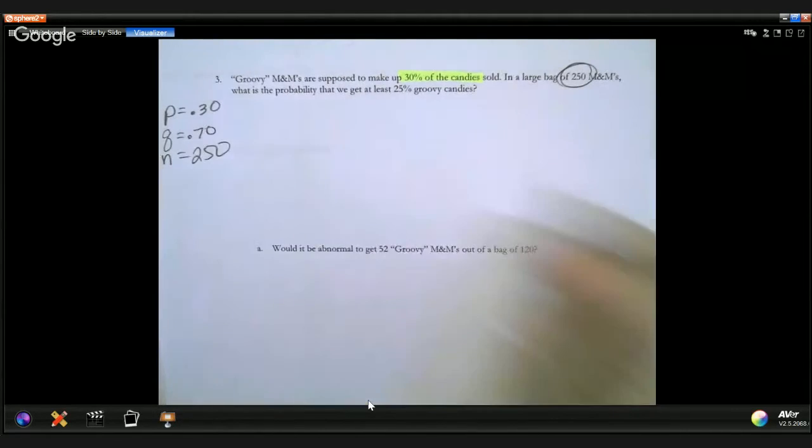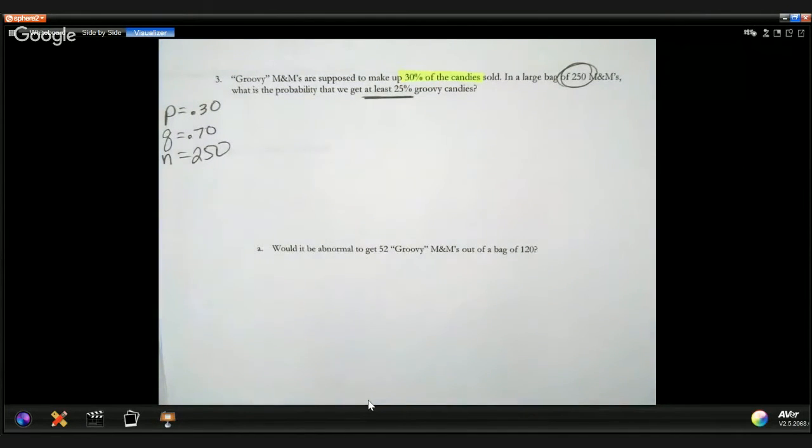The question is, when will we get at least 25% of our candies be these new groovy ones that are 30%? So we can talk about the conditions. I'm not going to write them all, but yes, one type of M&M candy is independent of another. We're taking them randomly, and we have more than 10 successes and more than 10 failures.